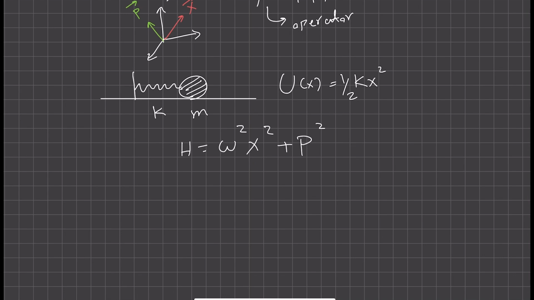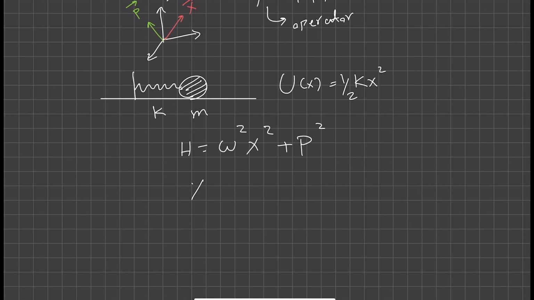Another way to model this simple harmonic equation is the equation of motion. So the equation of motion is already encoded into the Hamiltonian, but by using the Euler-Lagrange equation, we can extract the equation of motion from the Hamiltonian or Lagrangian.